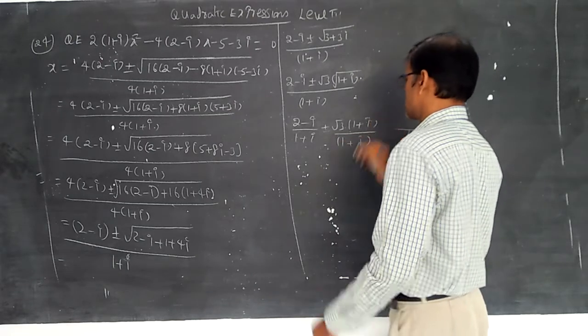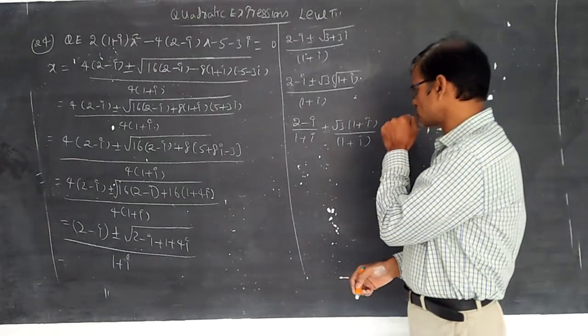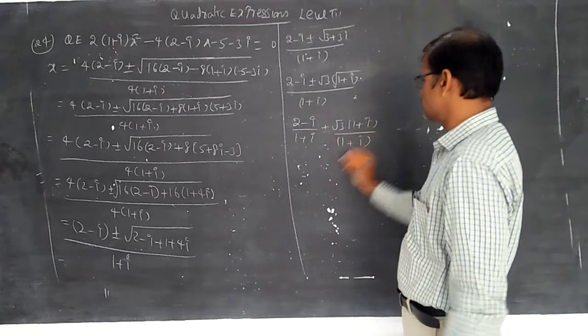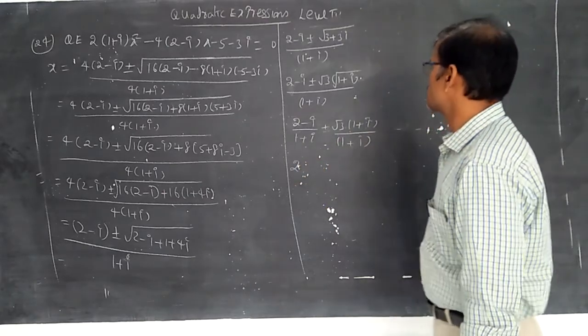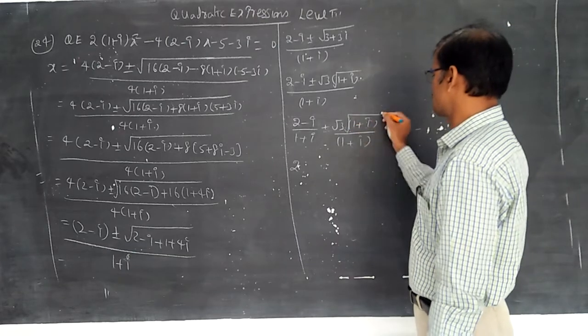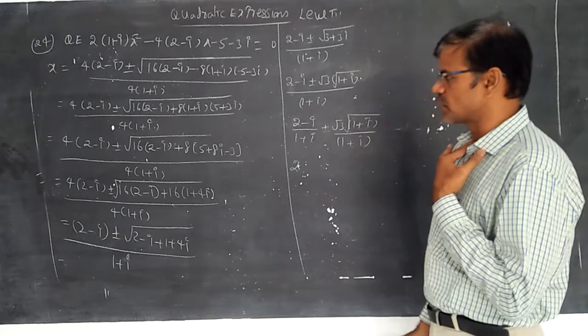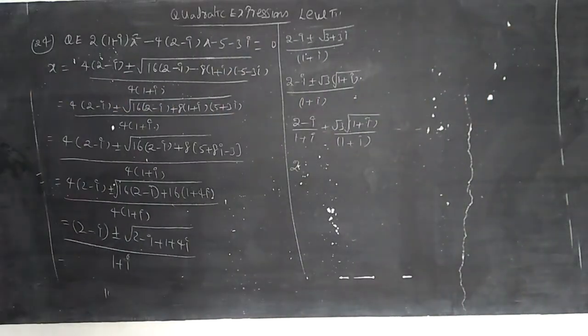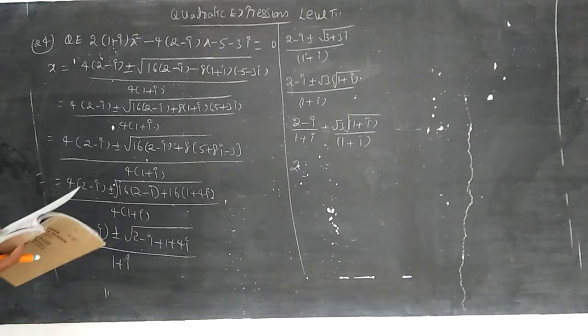It's okay, 2 minus i by 1 plus i. This is another way. You should not separate like this. You should get alpha plus i beta, complex form, then you should calculate the modulus value.